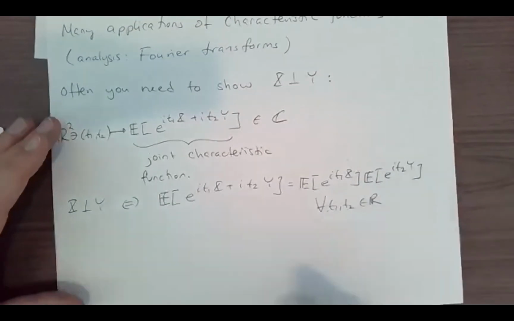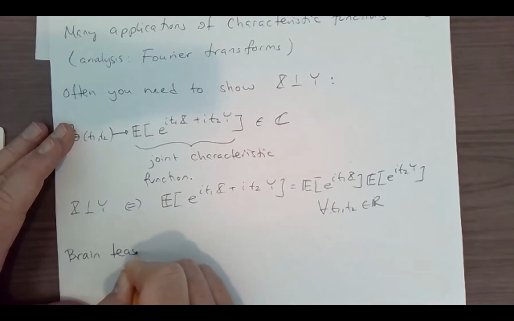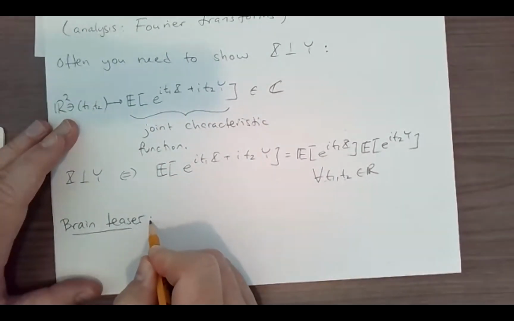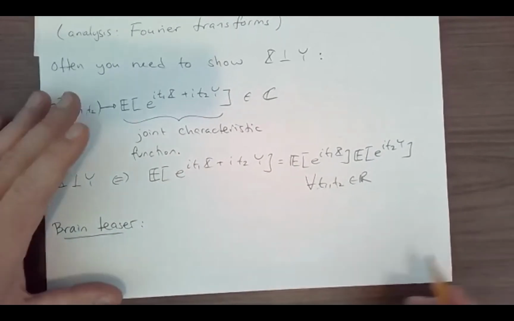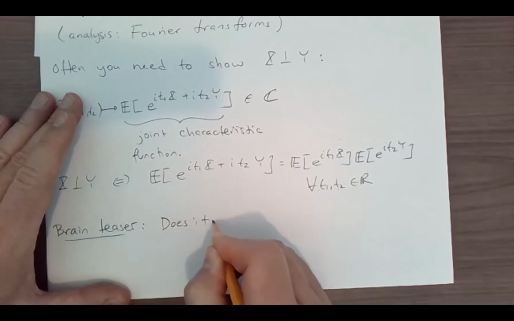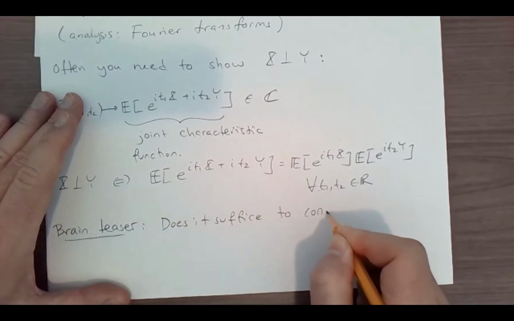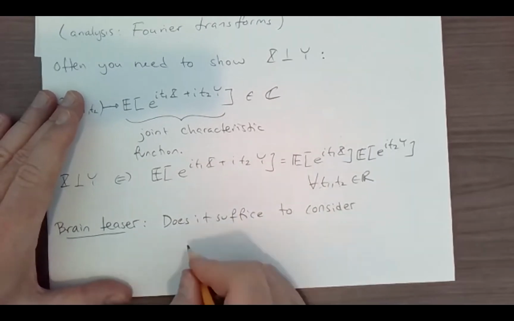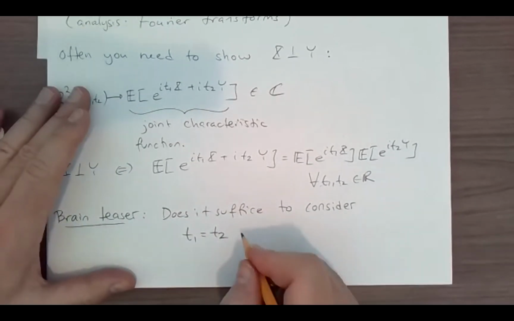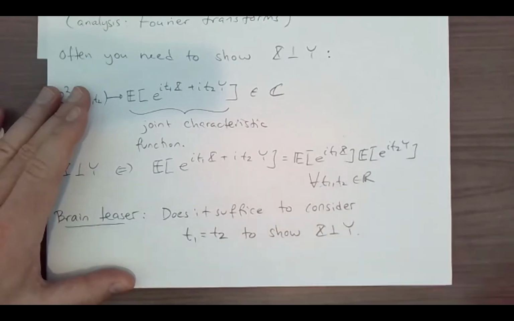So here's a brain teaser. Does it suffice to consider T1 equal to T2 to show that X is independent?